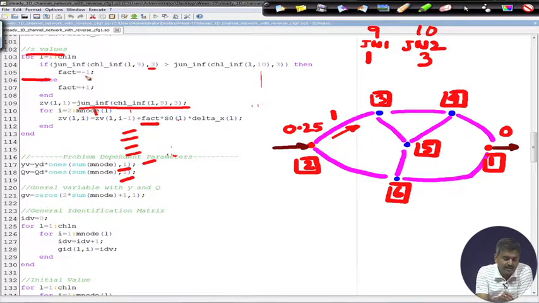So, in this case negative means we are considering the flow as per our channel bed slope, and if we have considered the flow from 3 to 1, here this is 1, this is 2, 3 to 1 here.